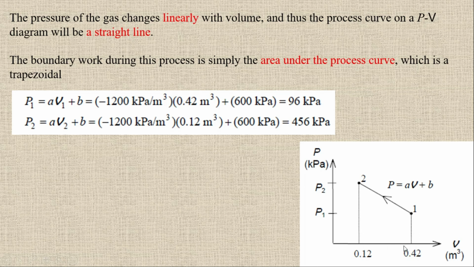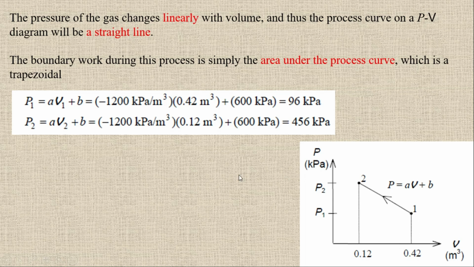Either you can use the direct formula for the area of the trapezoidal shape, or you can construct a rectangle here. If I draw a line here, it will be a rectangle plus a triangle. So I can get the area of this rectangle plus the area of this triangle and you will get the complete work.